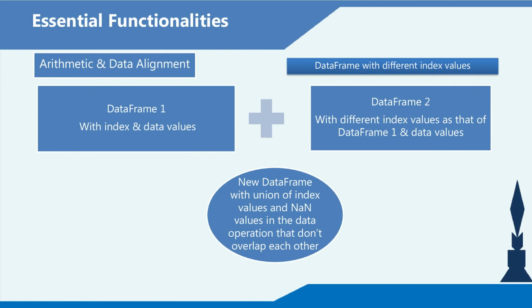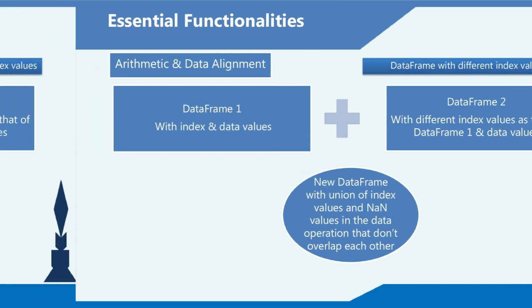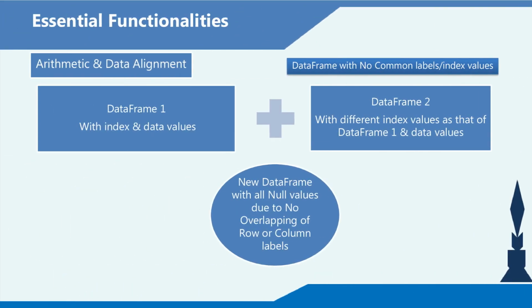If the data frame objects have different index values with missing values, the arithmetic and the internal data alignment introduces missing values in the label locations that don't overlap, and also the returned data frame has index and columns which are the unions of the ones in each data frame. If we add data frame objects with no column or row labels in common, the result will contain all nulls.